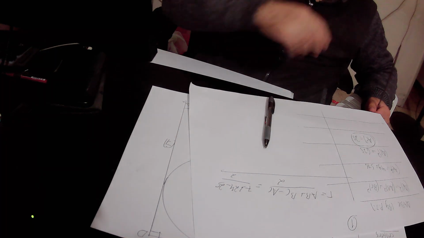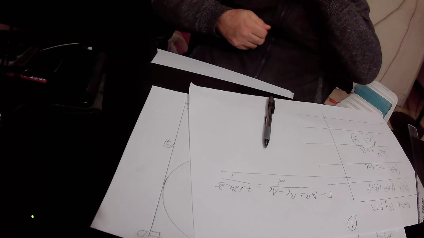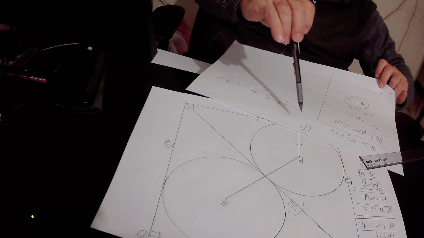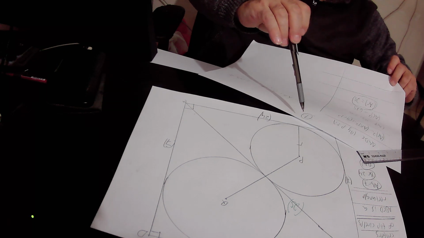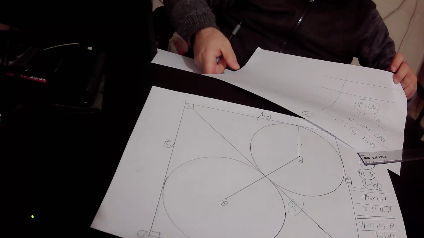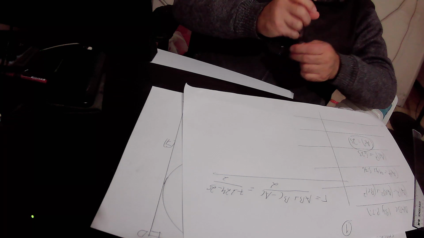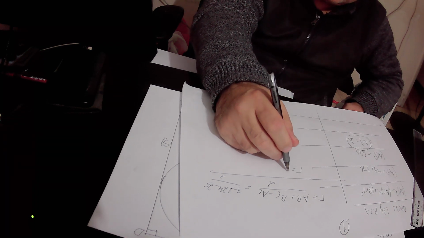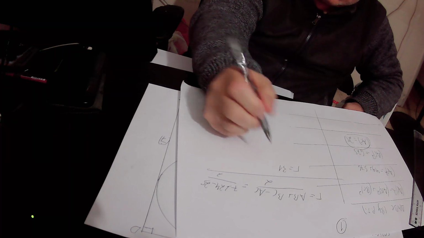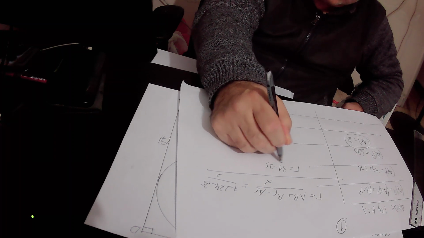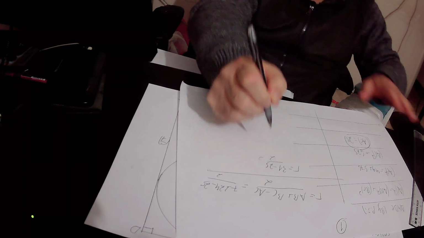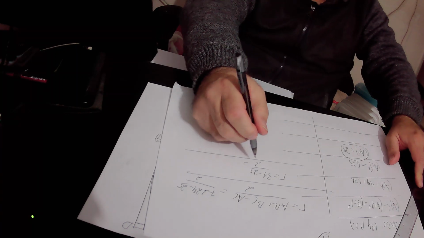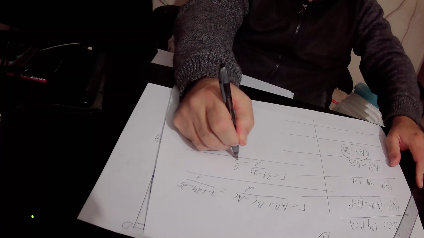So in conclusion, we found that the radius of this circle, R, must be equal to 7 plus 24 is 31, minus 25, over 2. 31 minus 25 is 6, and 6 over 2 is 3.